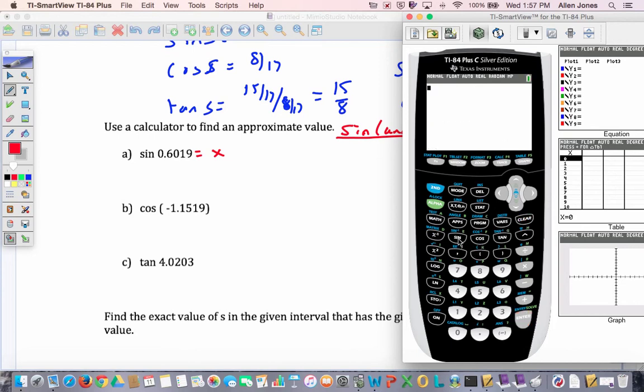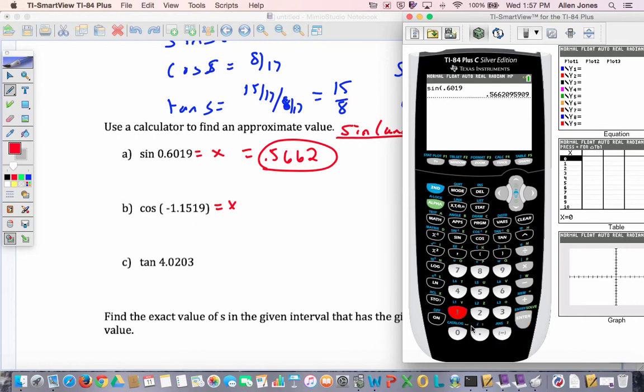So with our calculator, the first thing we want to do is make sure we're in radian mode. And I go down here and highlight radians in mode. I'll clear out of that, and now I just want to find the sine of that. So the sine of 0.6019 is 0.5662.